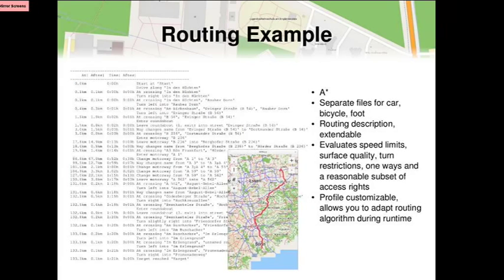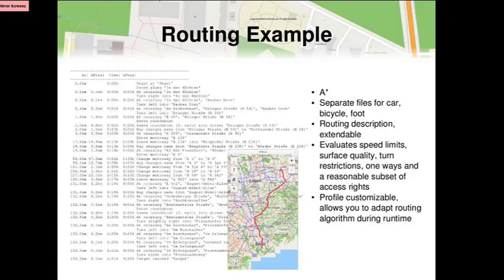So this is an example for the routing. You should not look in detail into the actual routing description. The router uses R star. It generates separate files for car, bicycle, and foot. It generates a routing description. That is what you see in the background. Of course, this is just an internal test application.